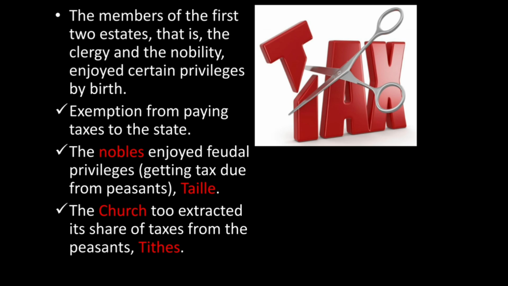And they also had to pay other taxes which were common for all third state people, and except that they also had to pay two different taxes to nobles and to the church. The tax that was paid to nobles by the peasants was known as taille, and the tax that was paid to the church by the peasants was known as tithe.